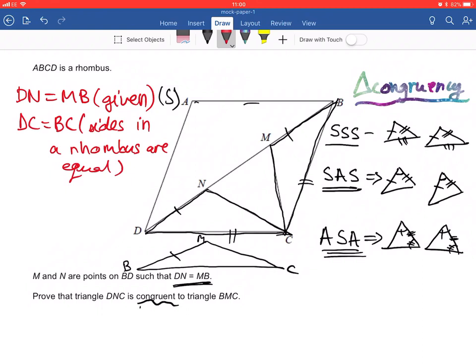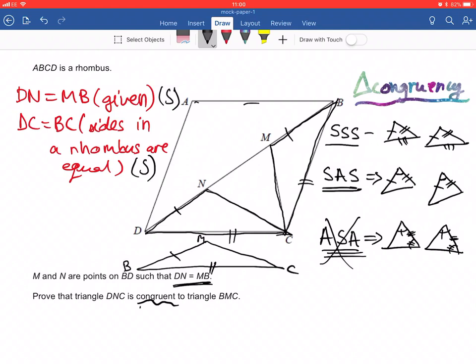Okay, so let me label that one here, and that's a side, another side. Because I've got two sides, I'm not going to be able to use angle, side, angle in here. Okay, I've got two sides, so it's one of these two.